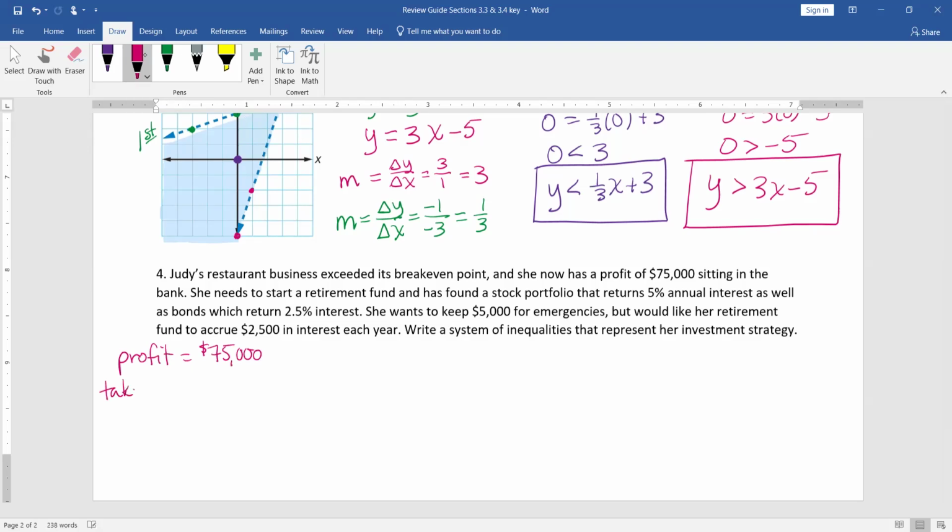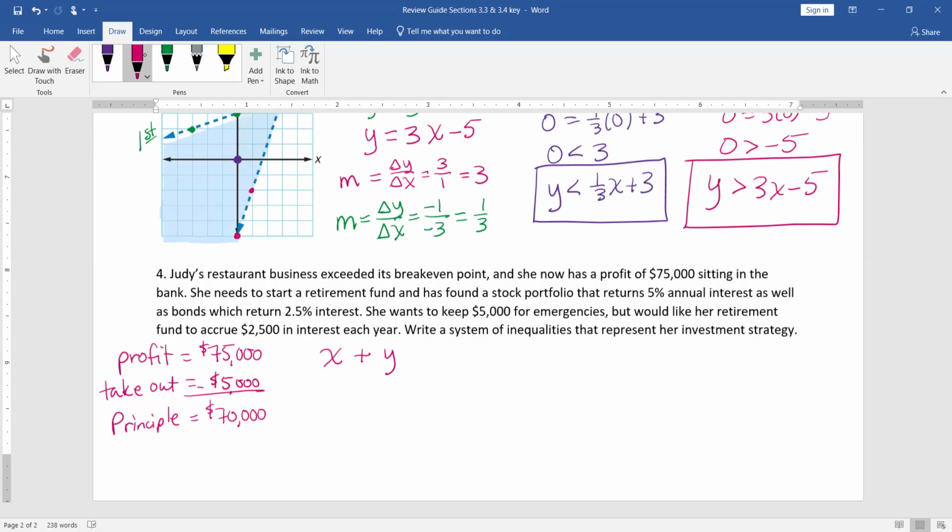So take out 5,000. So that means that her total principal is $70,000. So that means that the amount she puts in the stock portfolio plus the amount that she puts in bonds, call that y, needs to be... supposed to be an inequality.